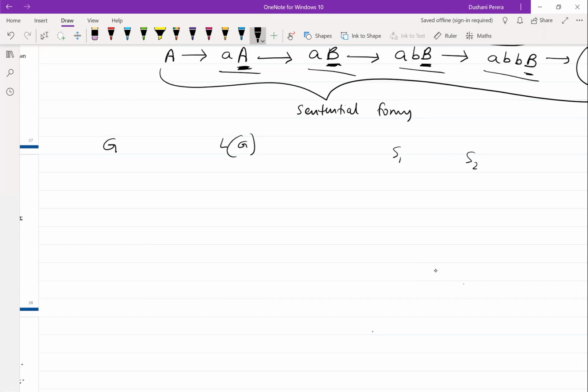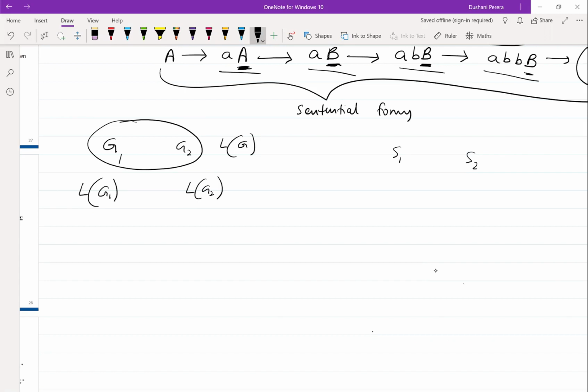Just like that, here also we can say that two grammars are equivalent to each other if they generate the same language. If there are two grammars G1 and G2, and the languages they generate, L of G1 and L of G2, are equal, then we say that these two grammars are equivalent. It's the same story that we discussed under strings as well.